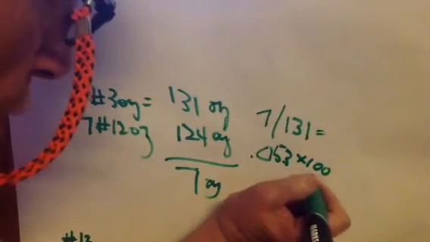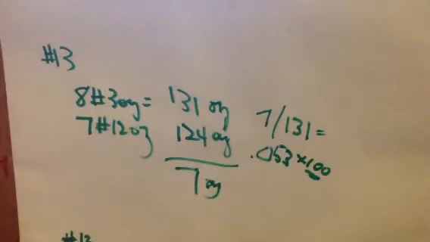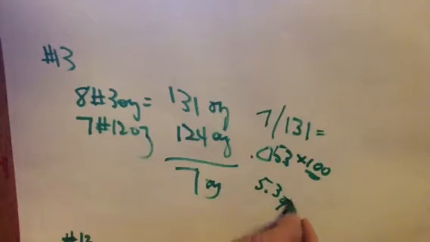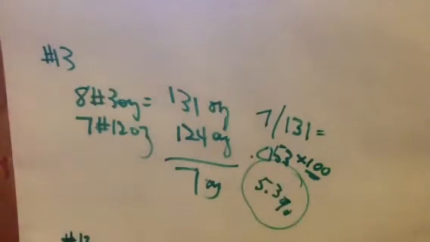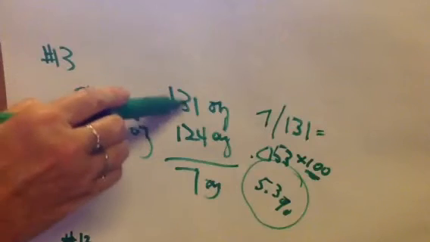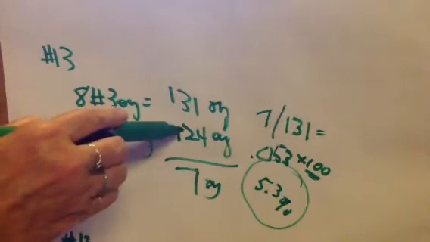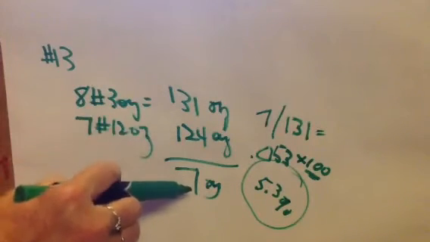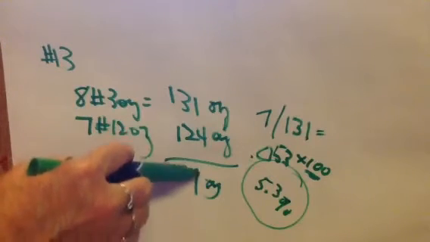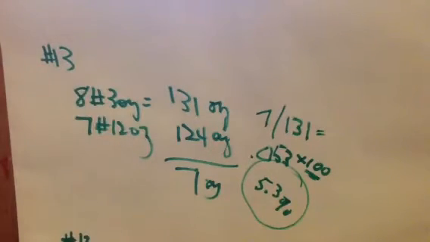That's what percent means. So the amount of weight that the baby has lost is 5.3%. So take the beginning weight, the weight that you have, the difference, and divide the difference by the beginning weight, and you'll come up with the percent every time.